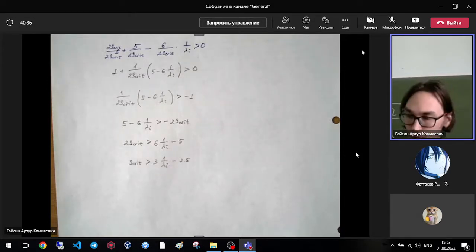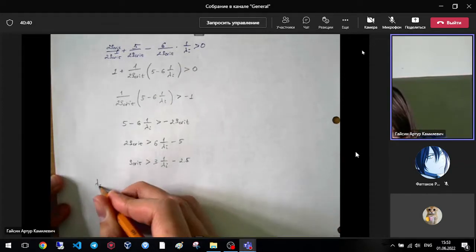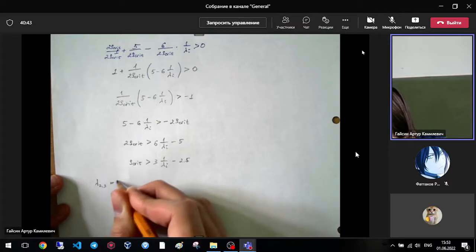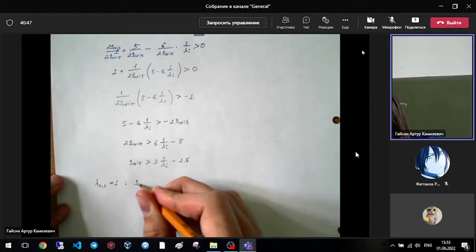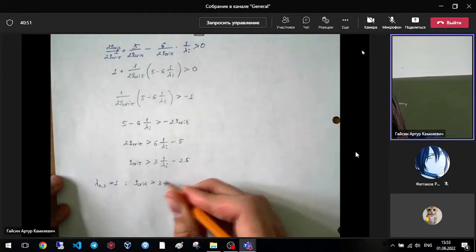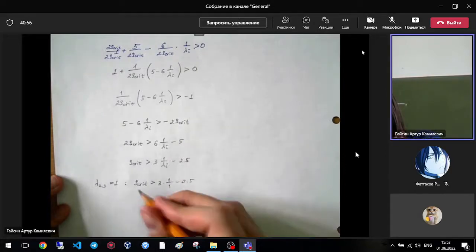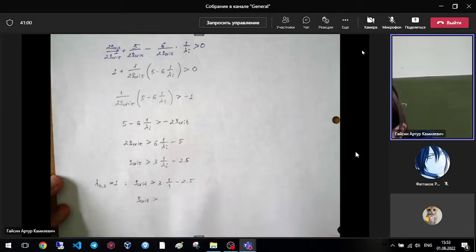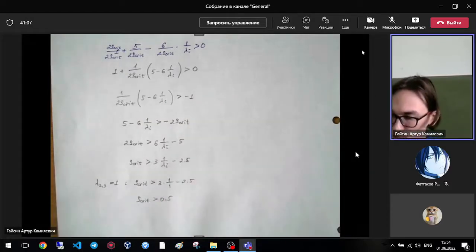So it is 1. So let's assume this lambda 2 and lambda 3, which is equal to 1. In this case, this rho critical should be more than 3 times 1 divided by 1 minus 2.5. And we can say that rho critical should be more than 0.5. Yes?